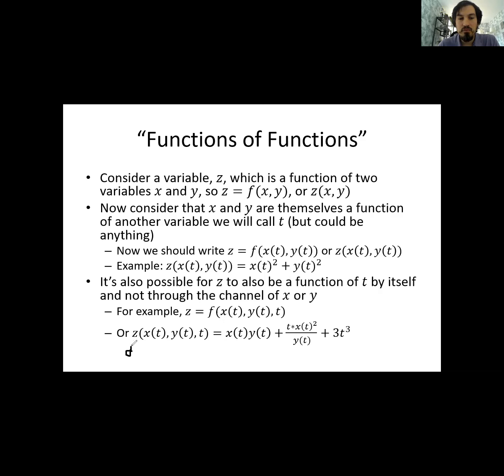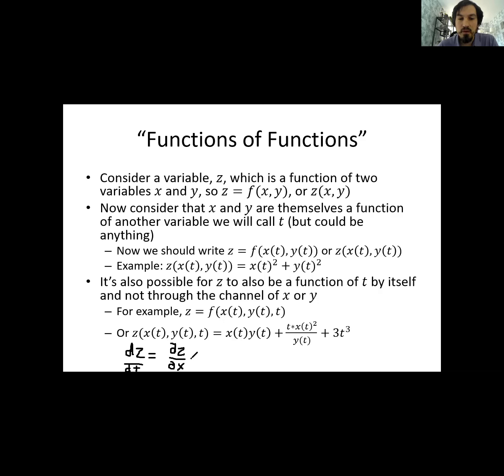So as a preview of what I mean when I say the total derivative of z with respect to t, just think of it as the chain rule, this thing that we've already talked about. There's dz dx. Those should be curly z's.